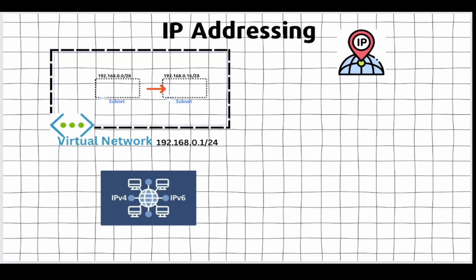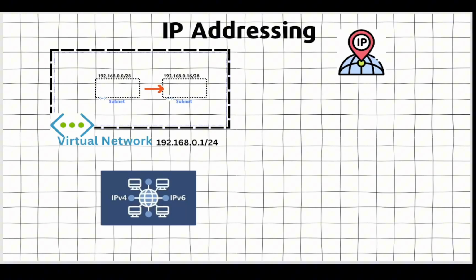So there are two types of IP addressing as of now in the world. One is IPv4 and the other is IPv6. IPv4 is the old form of IP addressing, which had 32-bit addresses, which can only provide us 2 to the power 32 IP addresses, which is 4.29 billion. And we are coming to a state where we will be utilizing all the available IP addresses.